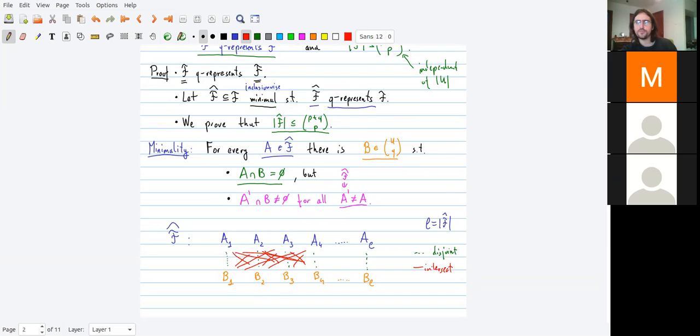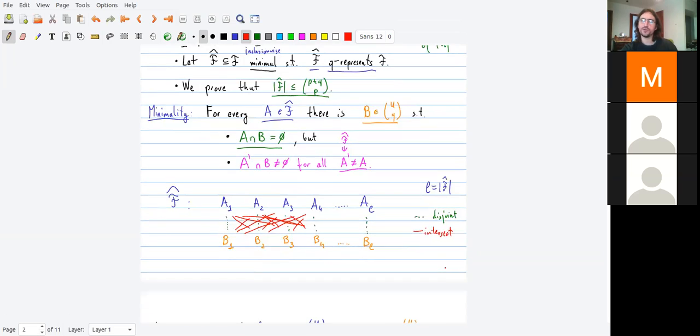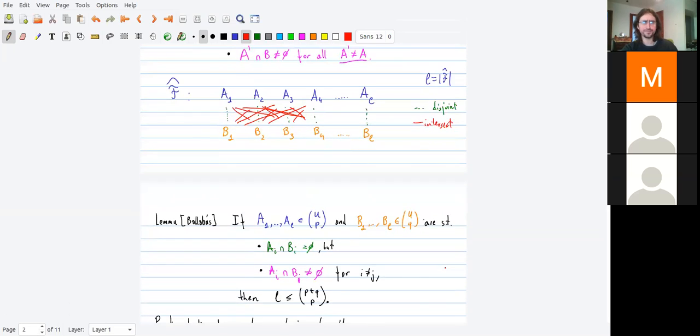So this is a pretty restricted combinatorial structure. And we will prove, and this is called the Bollobas Lemma, that if we have exactly this structure, then it cannot be too large.